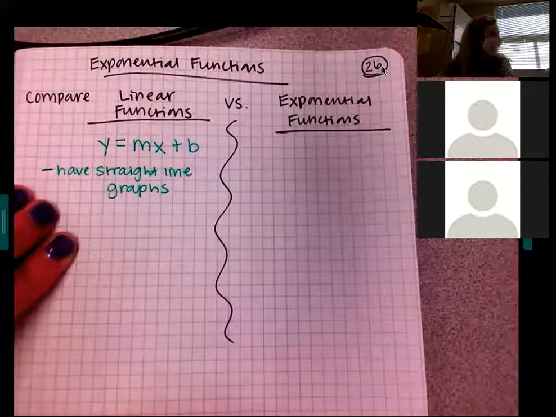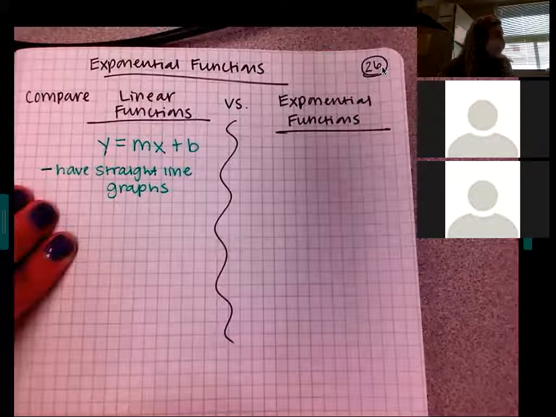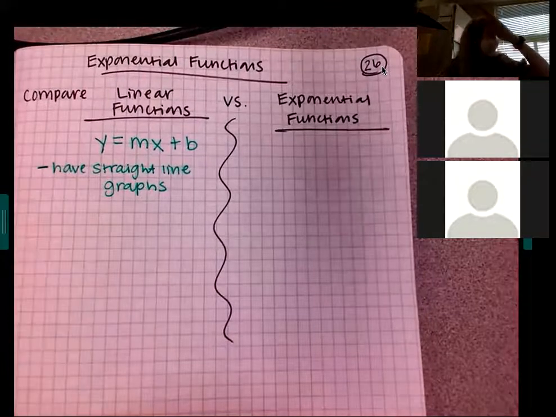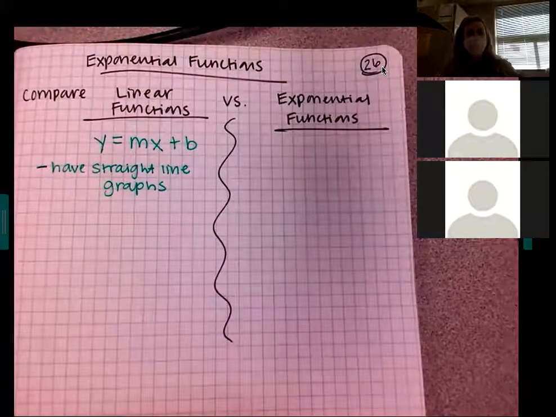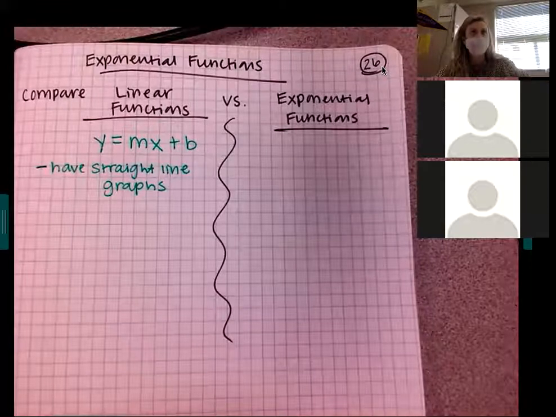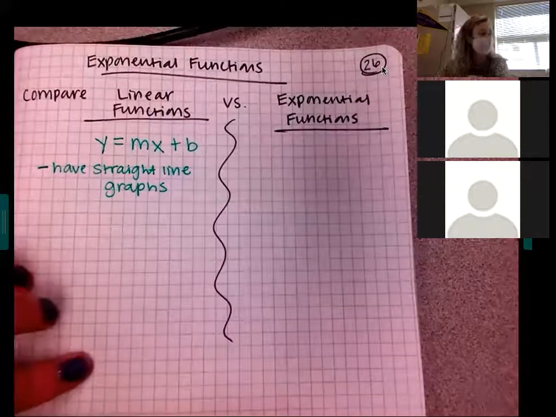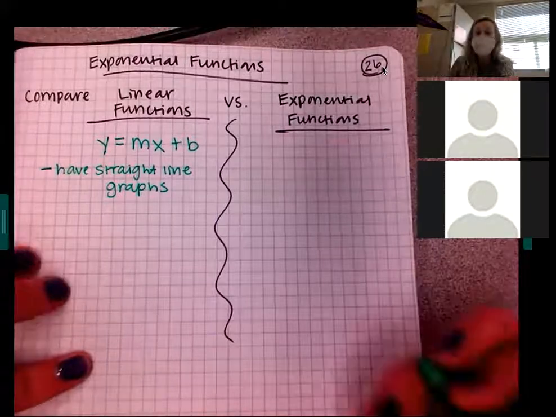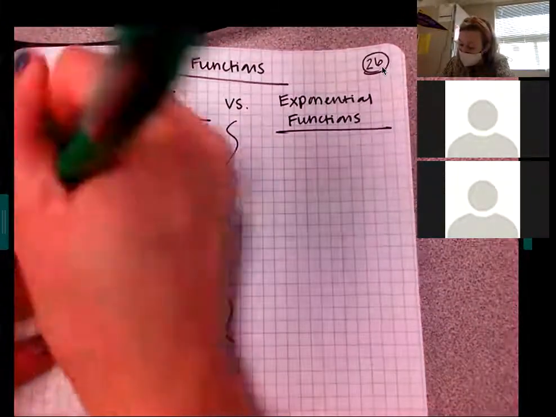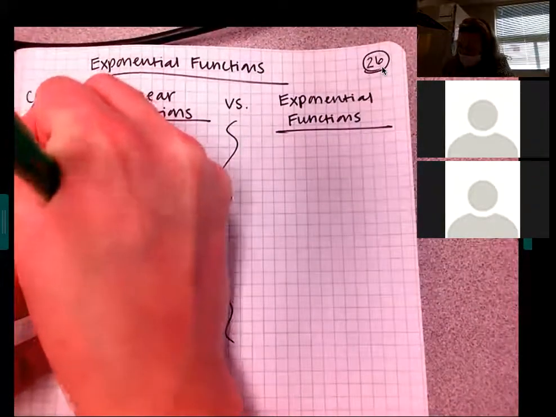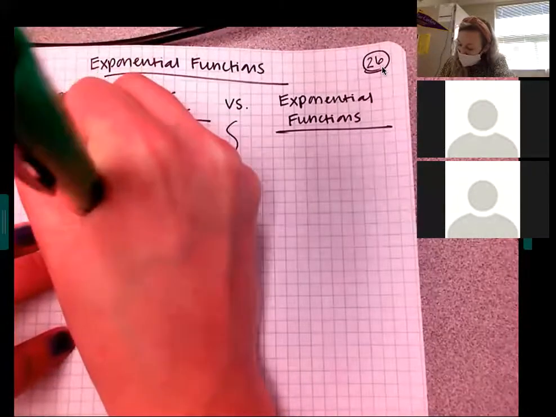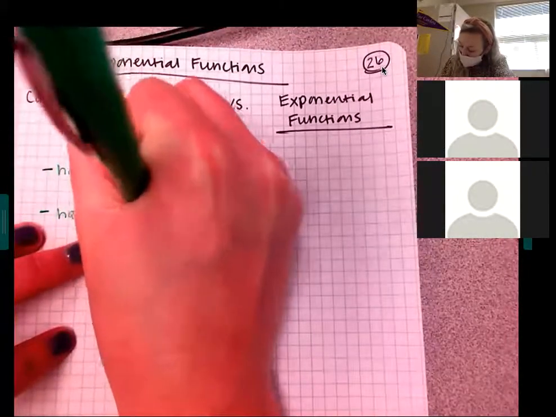All lines are straight lines, right, baby? Okay, good. So linear functions are straight lines. Ooh, I'm worried about y'all today. The other thing we need to know about linear functions, they had an adding pattern.